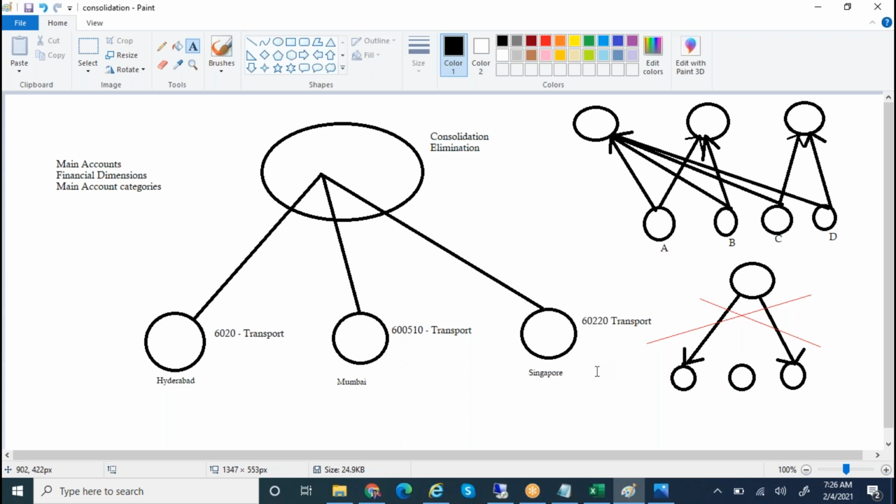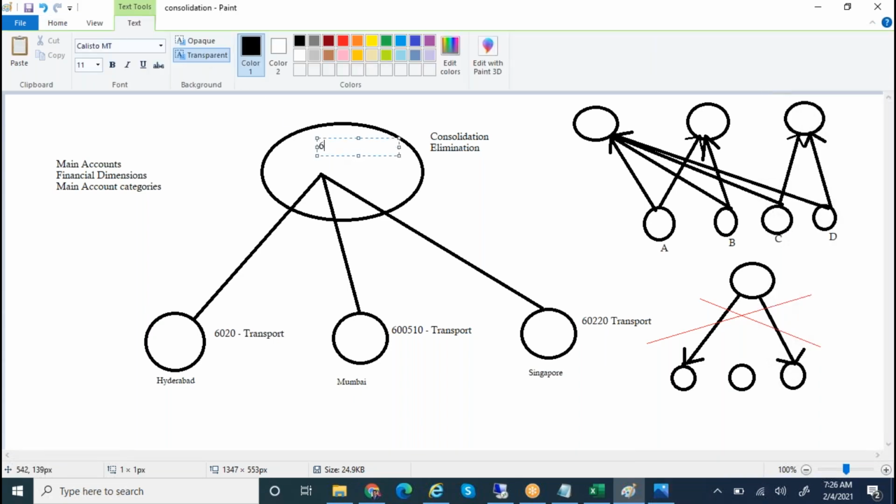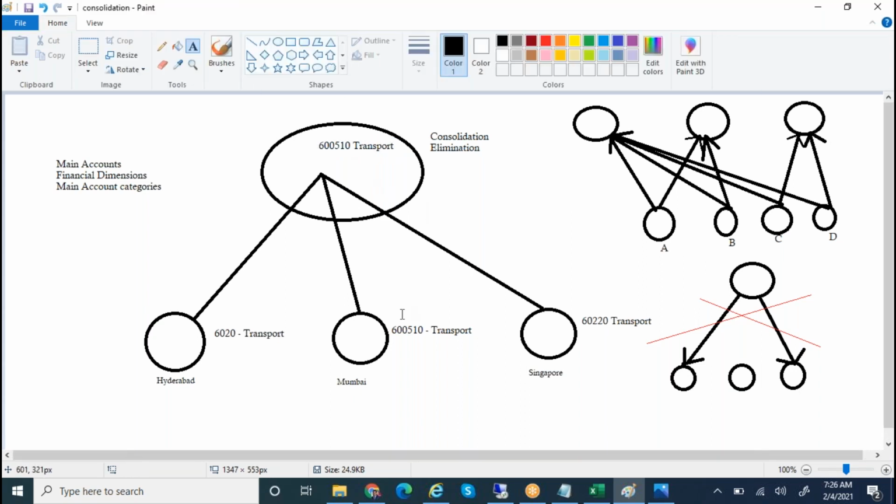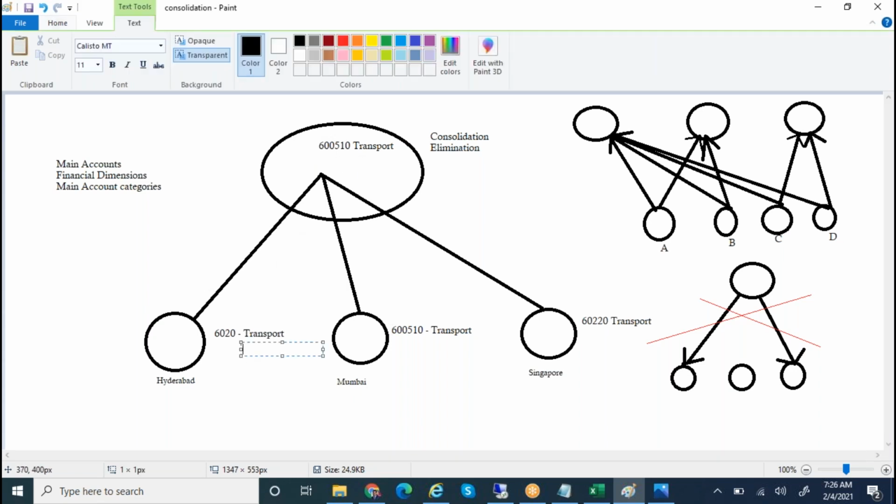Okay. In this case, 600510 I have entered in this legal entity, one set of chart of accounts. I'm using this one. So for this it is fine, same set of chart of accounts, but for this it is different. So in the system, this ledger account will have one consolidation.